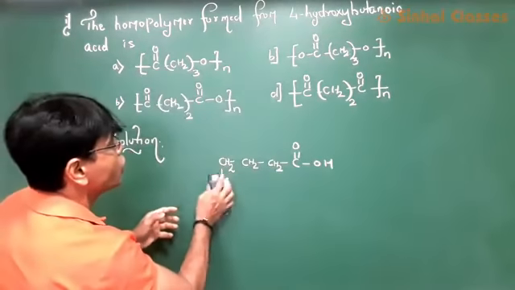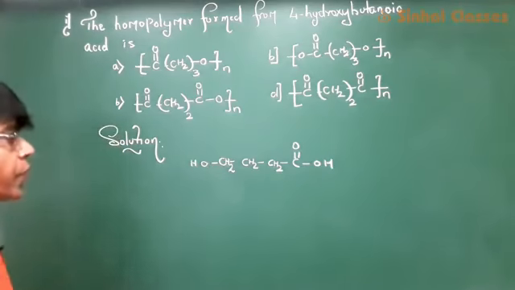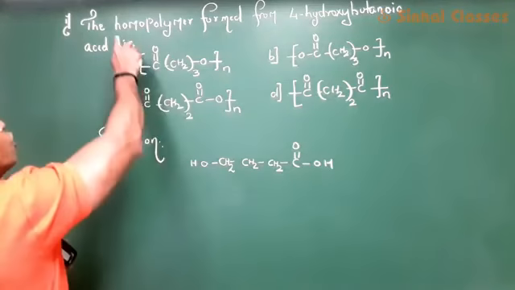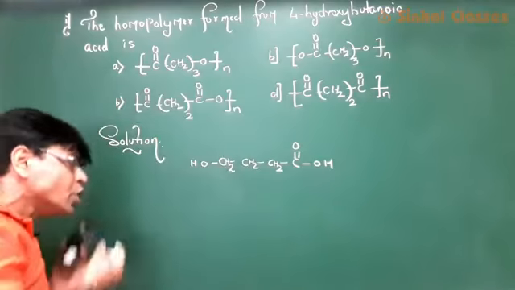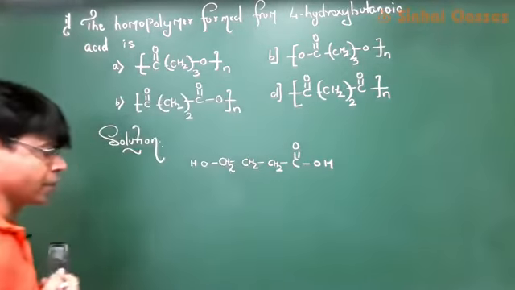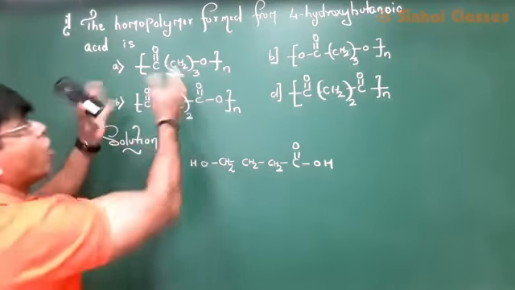This OH, you can write it in this manner also. And now you want the homopolymer. To get a homopolymer, what you need to do is just remove water from this, and you get your polymer.